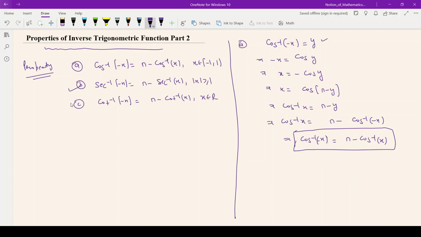Now we'll talk about the second property. What is the second property?